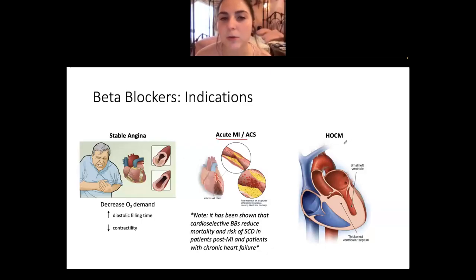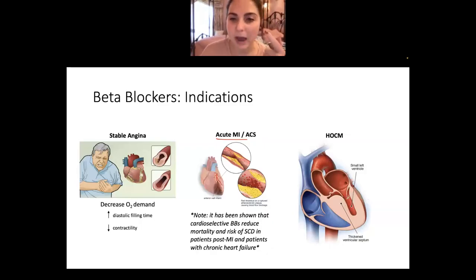But with HOCM, you give a beta blocker. If you remember from the maneuvers, what makes the murmur in HOCM sound less, aka making it better for the patient, is if you increase the amount of fluid in the left ventricle.